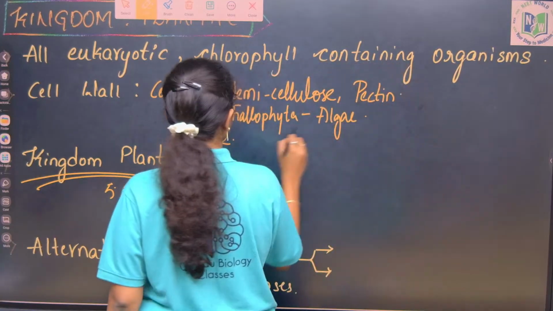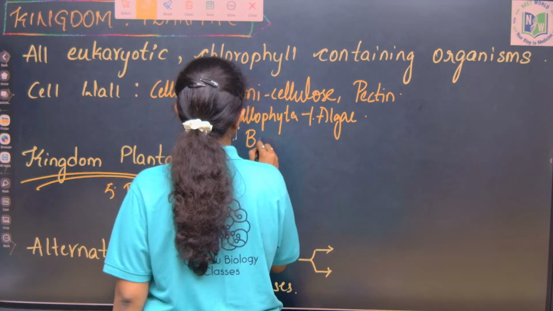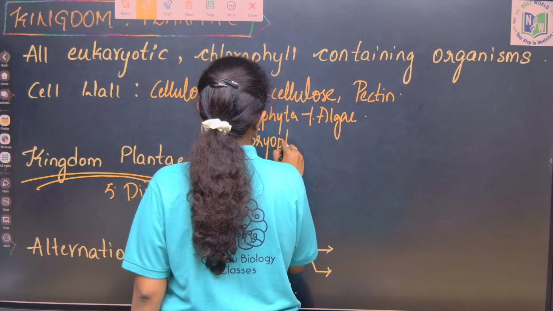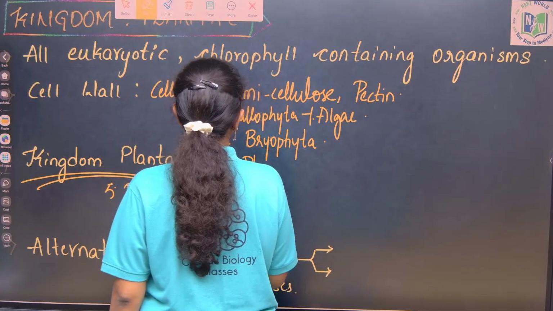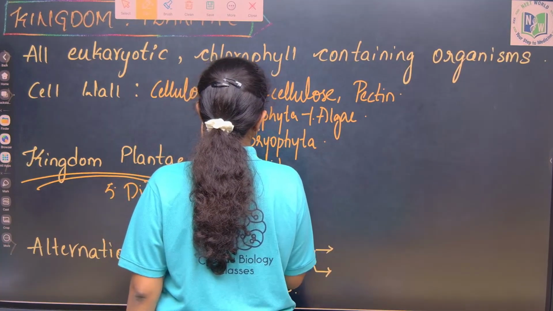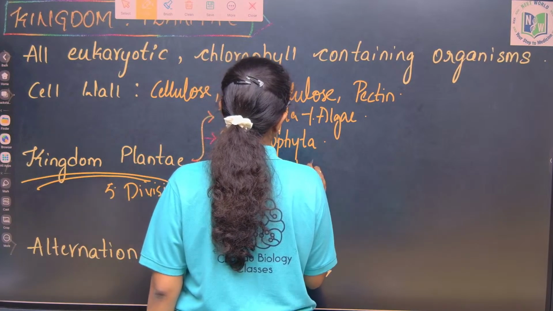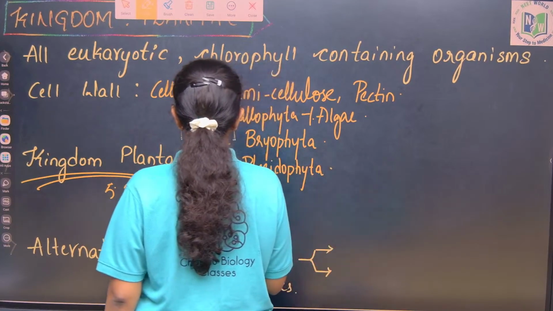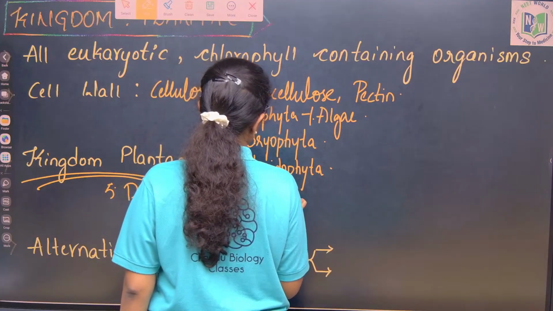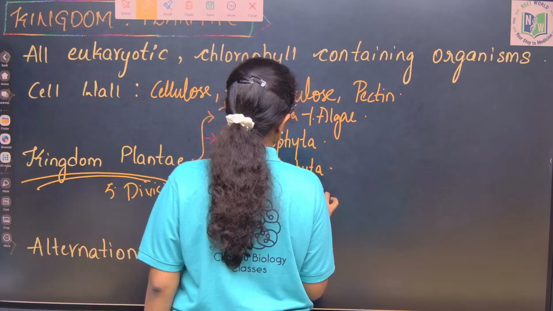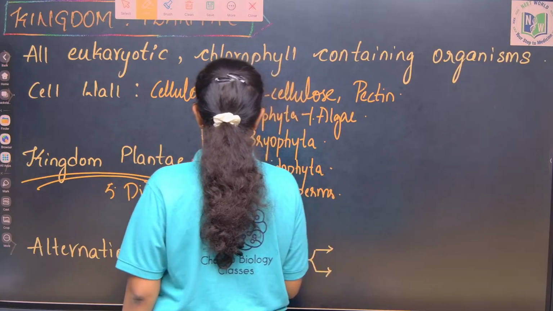Second is Bryophyta, leaves not fully developed. Third is Pteridophyta. Fourth is Gymnosperms and Angiosperms.